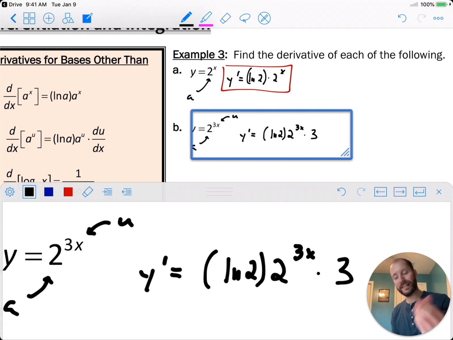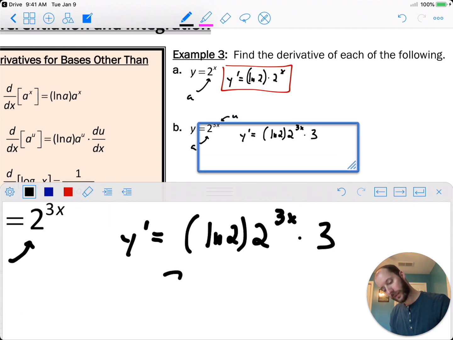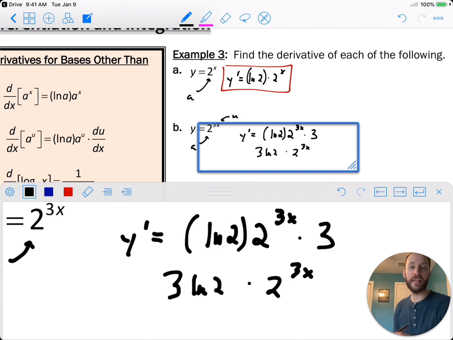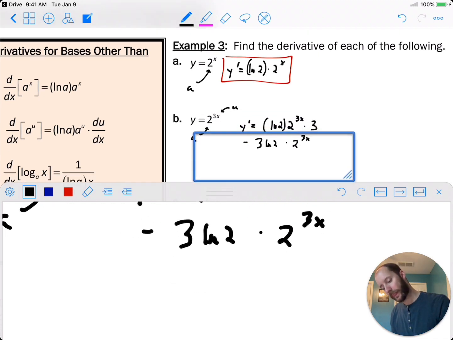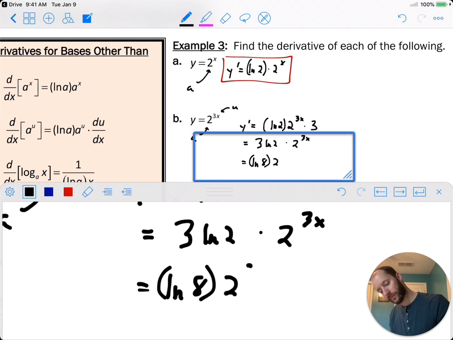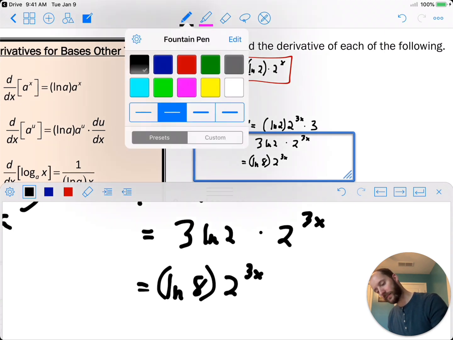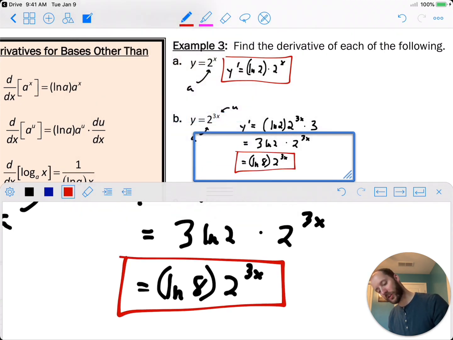You could clean this up a little: 3 ln of 2 times 2 to the 3x. The 3 in front of the ln 2 could become a power, so ln of 2 cubed. With algebraic manipulation, that could become ln of 8 times 2 to the 3x. Again, remembering your logarithmic and exponential rules for rewriting problems.